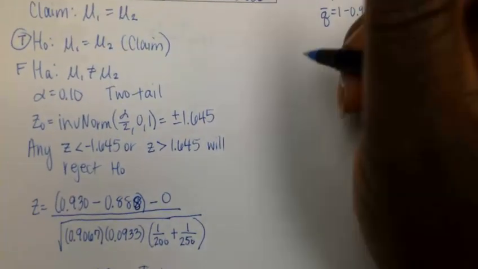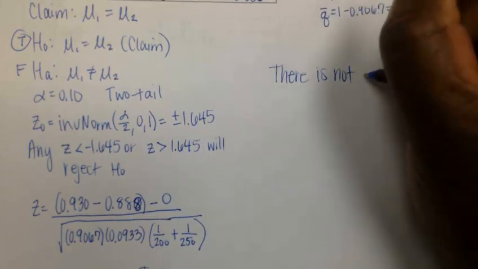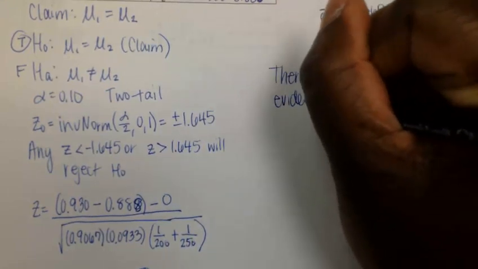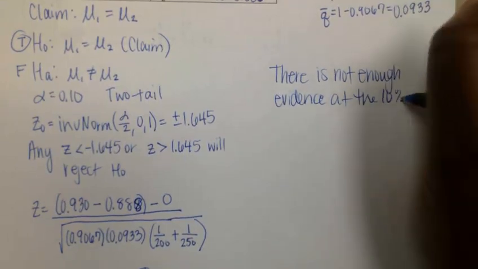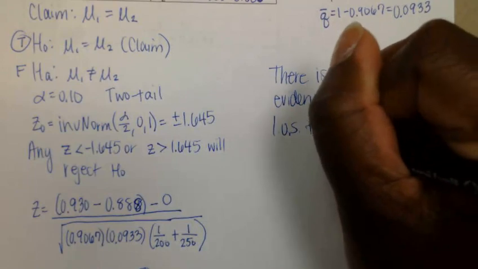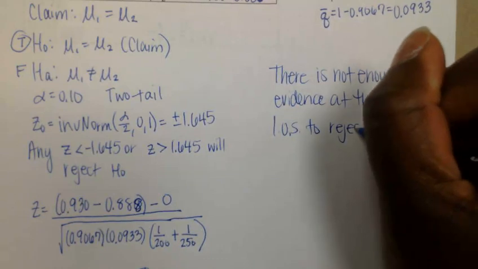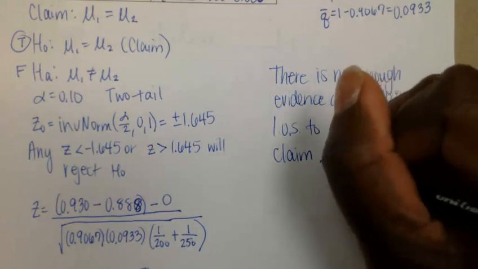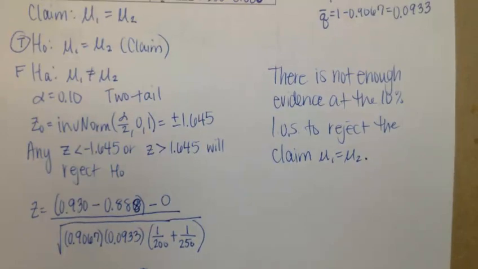So when we fail to reject H0, that means there is not enough evidence at the 10% level of significance to reject the claim.